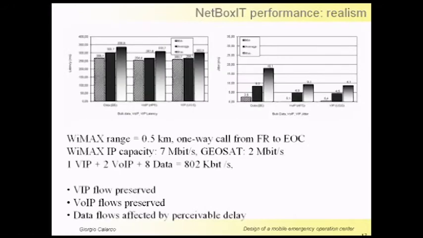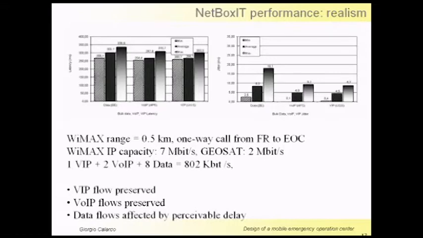And what was mainly important for us was the realism of the outputs that we were obtaining. And these are the results of the first test that we have performed. Mainly, we are keeping the commander and the MIOC at 500 meters in this first test. And just to see if everything was working as we expected it to do, the WiMAX goodput is quite high, about 7 megabits per second.